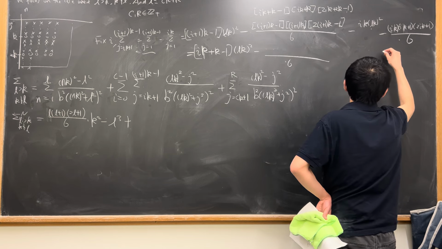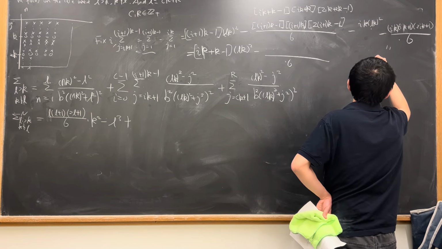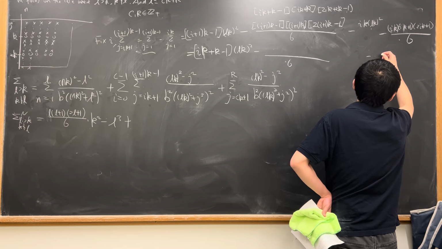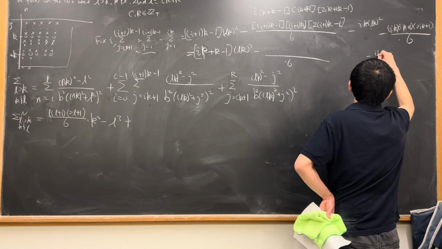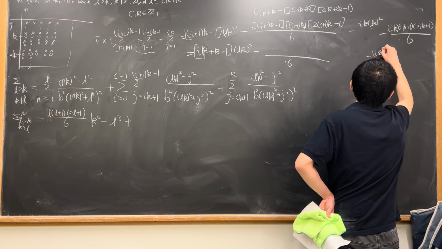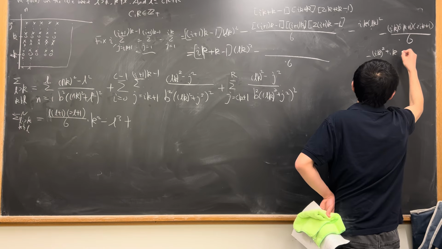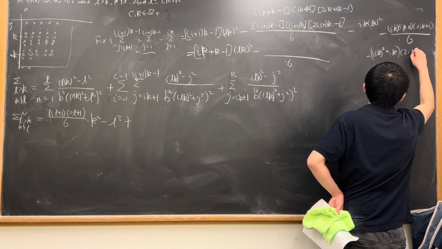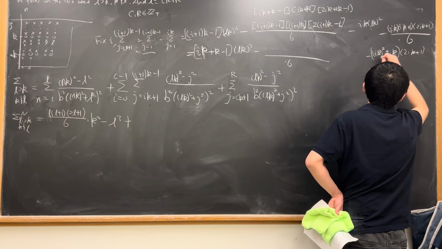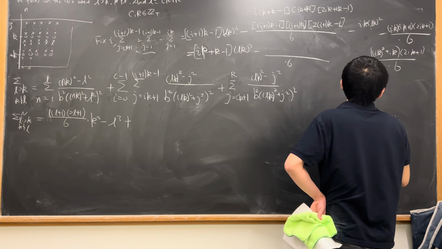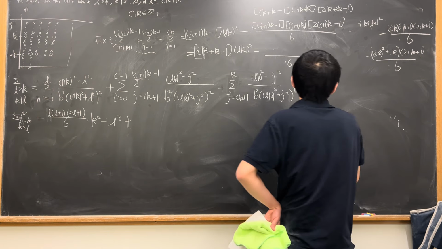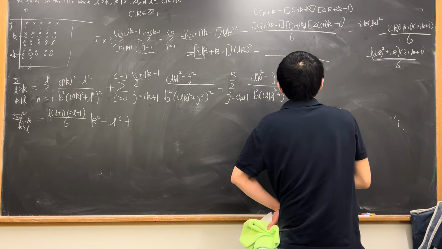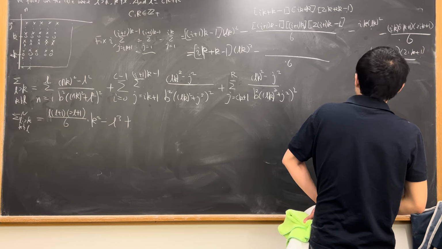And then this one is equal to minus, so here I have ik squared plus ik times 2ik plus 1 over 6, and then I just add over 6.